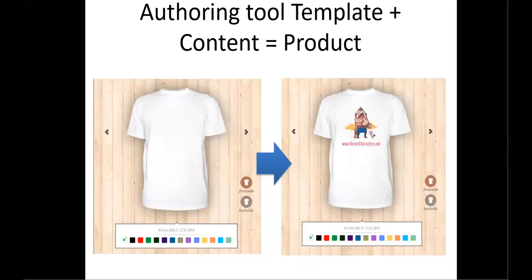Surrounding tools: when we have a tool, either a learning app, Word Wall, or Live Worksheets, we have the template, the content, and then we have the product. As you see, this is a template like a shirt, a white shirt, and then this is the content, and then we have the final product.